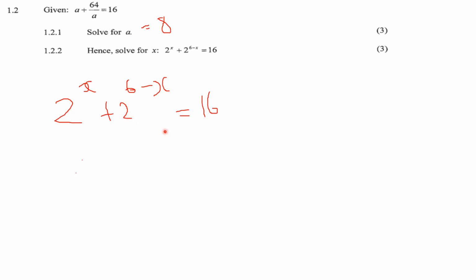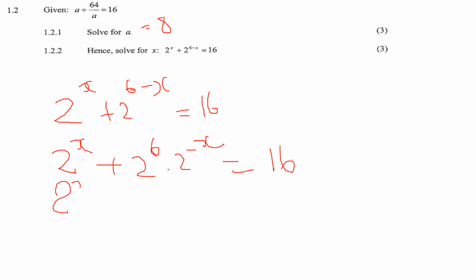We can do that by separating this one to say this is 2 to the power of x, and then this is 2 to the power of 6 multiplied by 2 to the power of minus x. Multiply the same base, you add the exponent. So I'm just expanding it here. Then we can put this one at the bottom because it's a reciprocal.